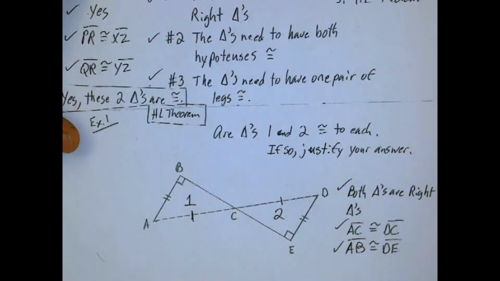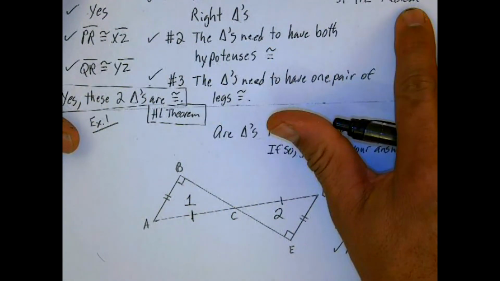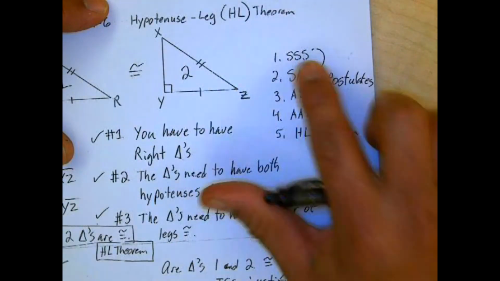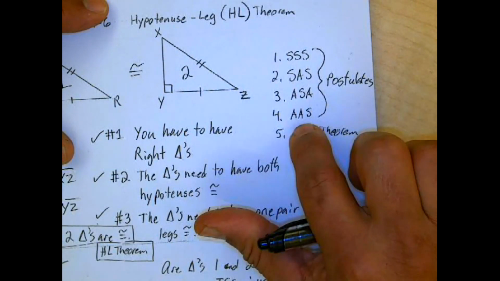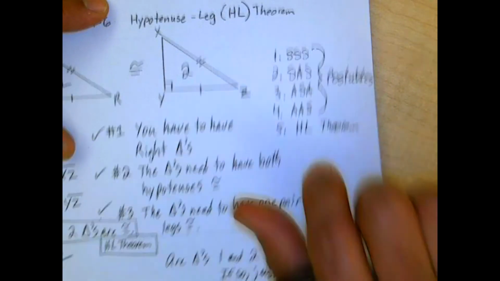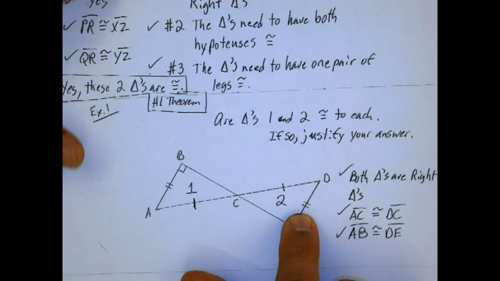So basically what I'm showing you today is about HL theorem. Remember, there are 5 different shortcuts: side, side, side, side, angle, side, angle, angle, angle, angle, side, and the HL theorem. So we're going to prove that triangle 1 and 2 are congruent to each other using the HL theorem.